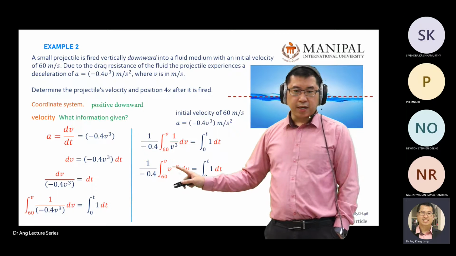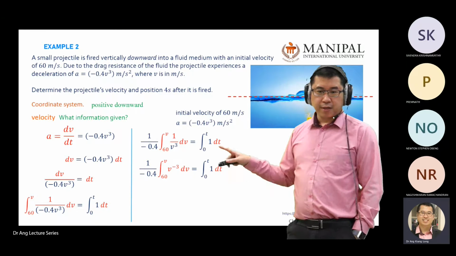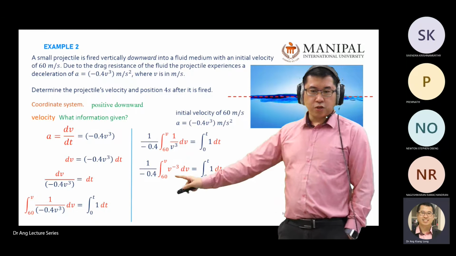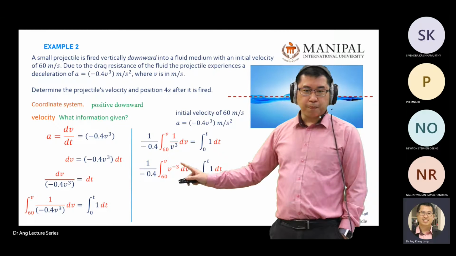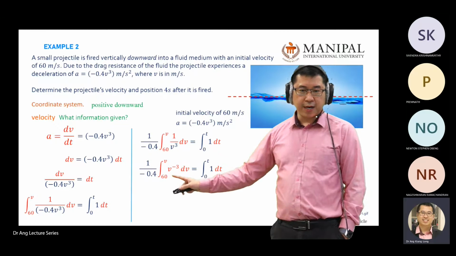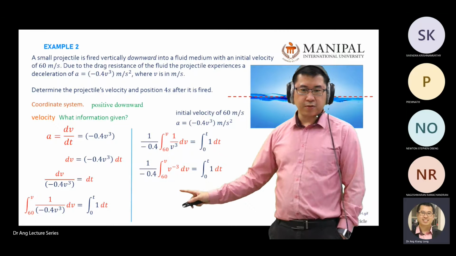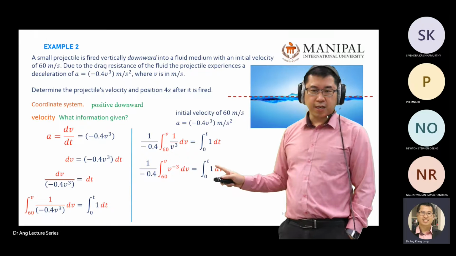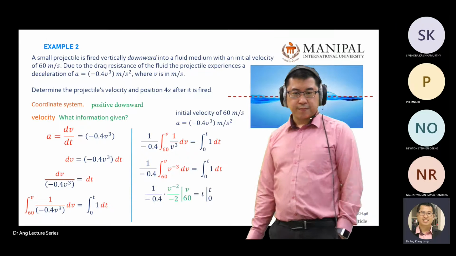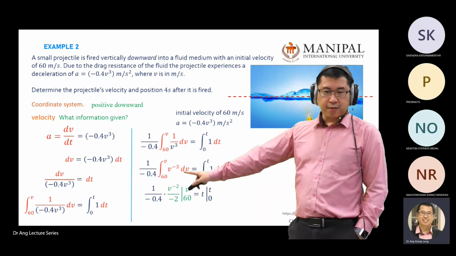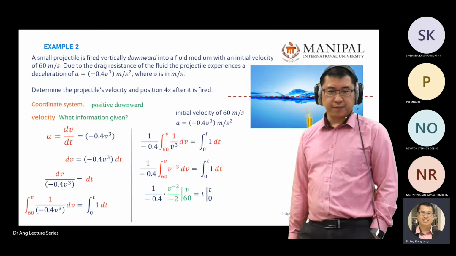Okay, v to the minus 3, the rest is the same. So you do integration: you plus 1 and divide by the new exponent. This one is also the same: you get 1, you integrate, you get t. You get this from the second line to the green color.